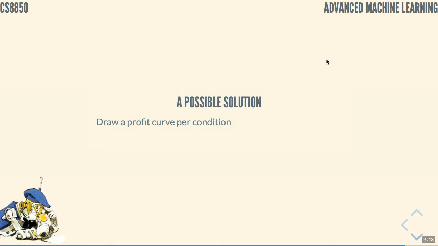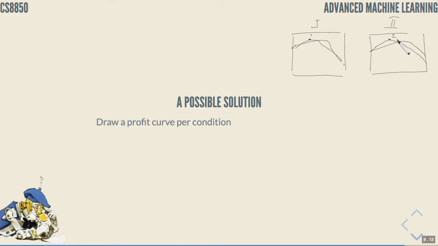So instead of the one single profit curve that we've considered, you'd have several, and say in condition 1 and in condition 2 your situation will be different, which is easy to imagine, right? So in this case, say classifier 1 will be the winner, and in this case classifier 2 will be the winner.